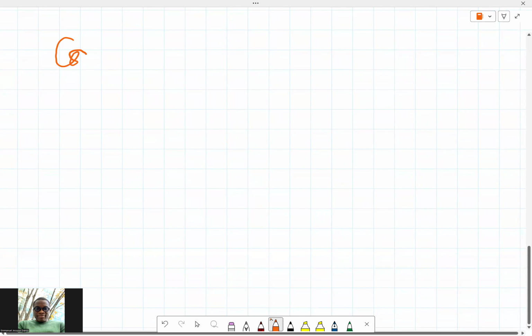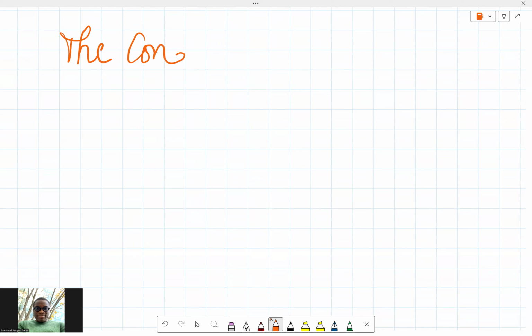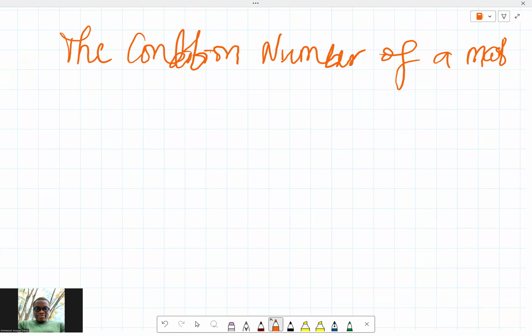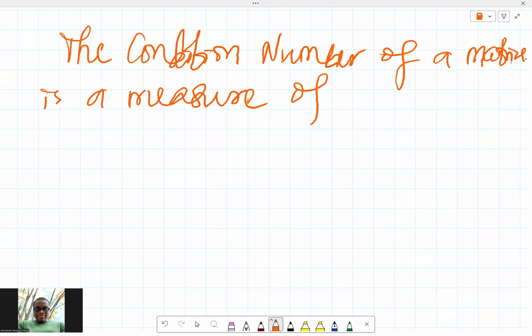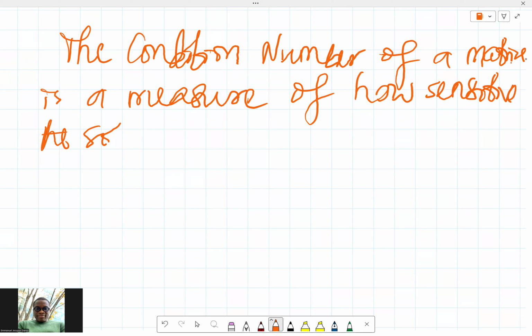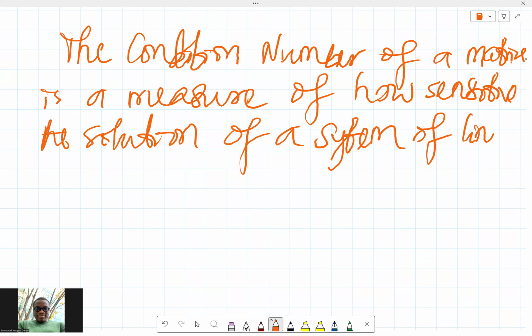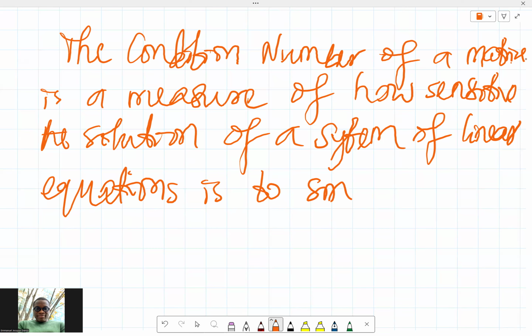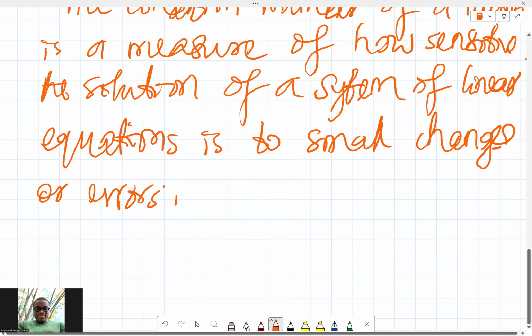The condition number of a matrix is a measure of how sensitive the solution of a system of linear equations is to small changes or errors in the input data.